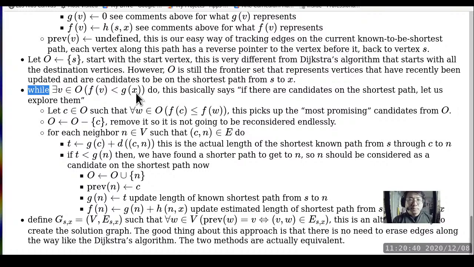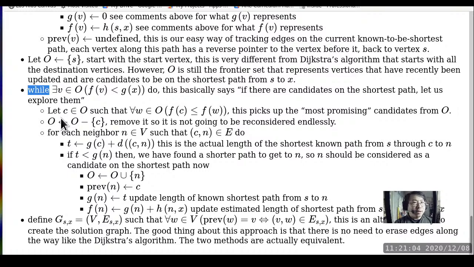All right. So I just explained the while condition. When we get into the loop, it has some resemblance to the Dijkstra algorithm. That is because both are considered greedy algorithms. You can also call a greedy algorithm an optimistic algorithm.